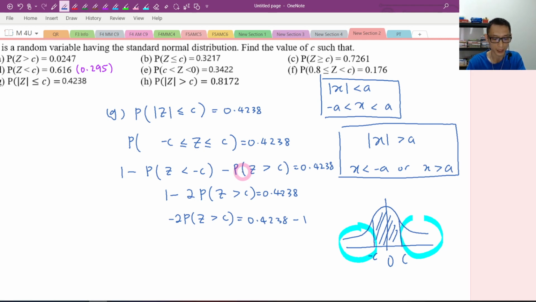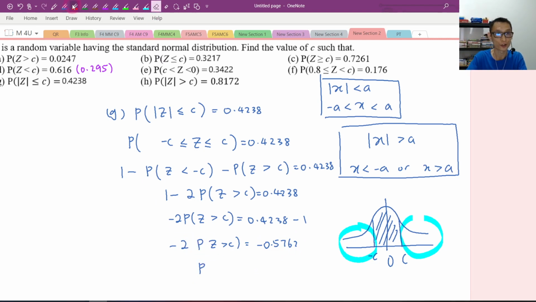0.4238 minus 1. Okay, you will get negative 0.5762. So the next step, oh sorry, this is not correct.